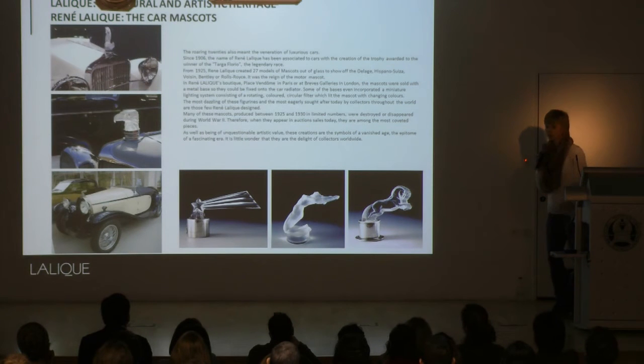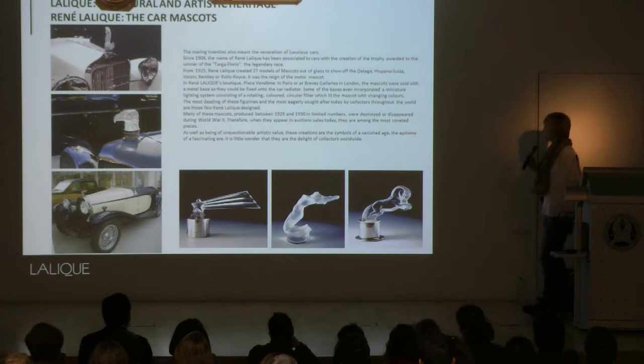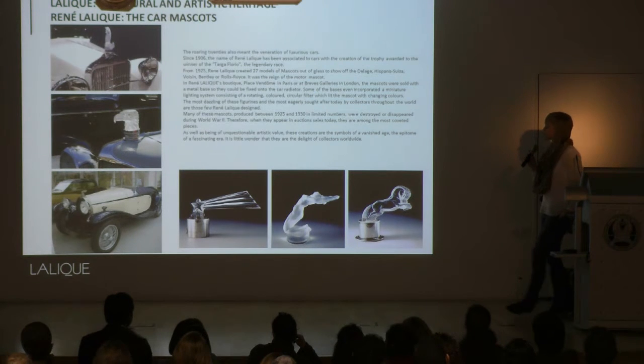One other field was in the Roaring '20s, so we reached already the Roaring '20s. It was not common at that time, but few of the people could achieve mascots for their cars, like for Rolls-Royce, for instance.